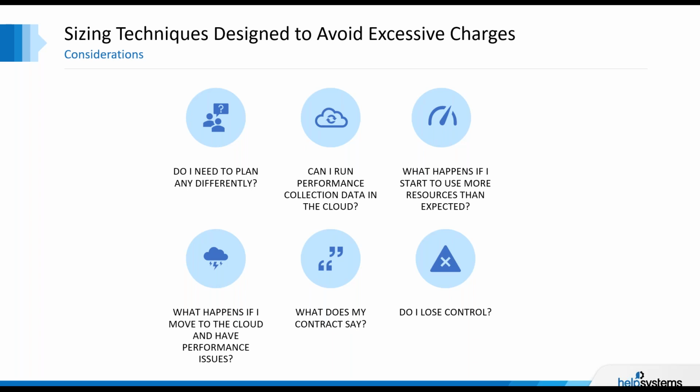You're just going to be throwing a dart as to what possibly needs to happen, right? So you need to understand how flexible your particular cloud vendor is in dynamically increasing or decreasing those resources, right? And of course, what happens if you do have a performance issue?